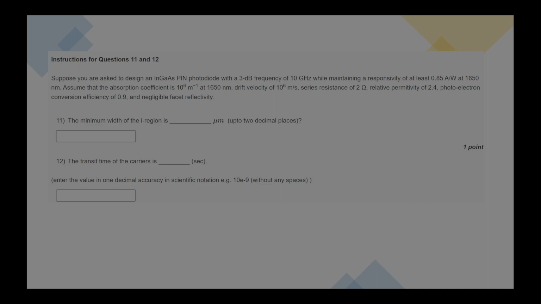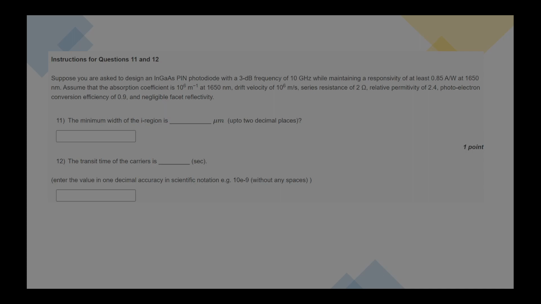Assume that the absorption coefficient is 10 to the power 6 per meter at 1650 nanometer, drift velocity of 10 to the power 6 meter per second, series resistance of 2 ohm, relative permittivity of 2.4, photoelectron conversion efficiency of 0.9, and negligible phase shift reflectivity.